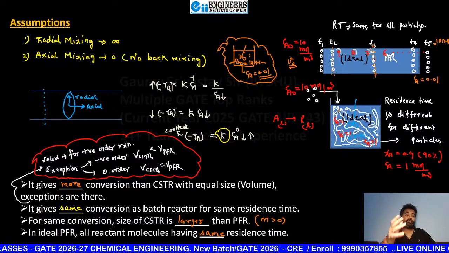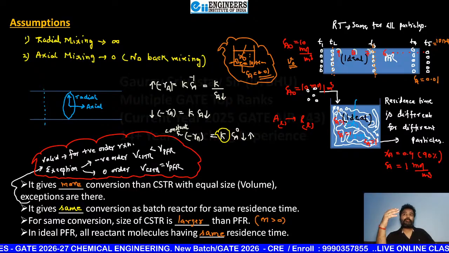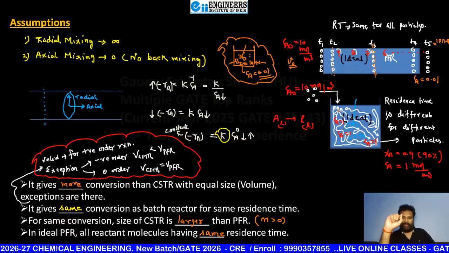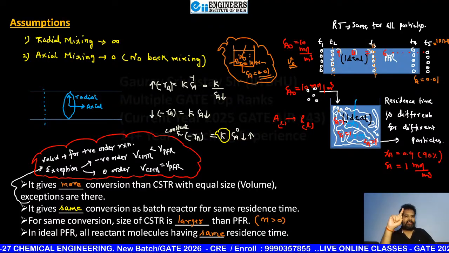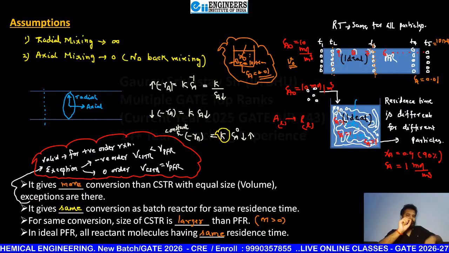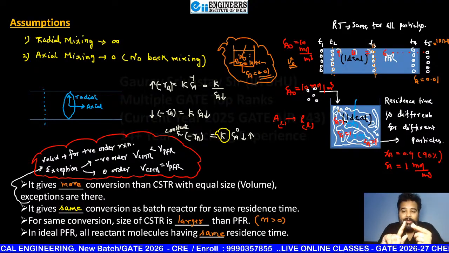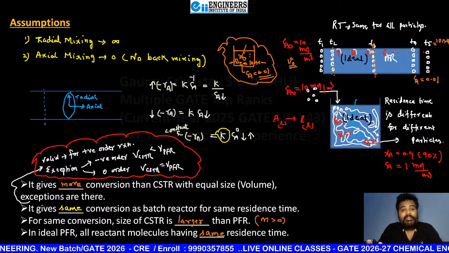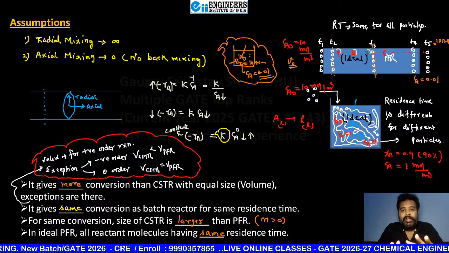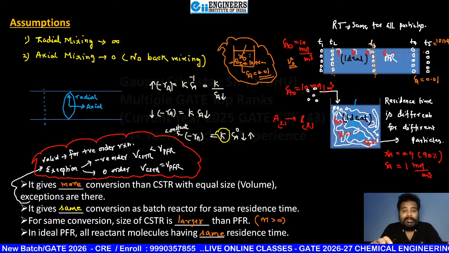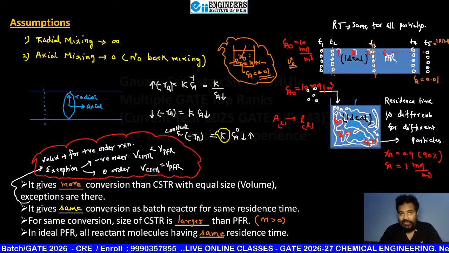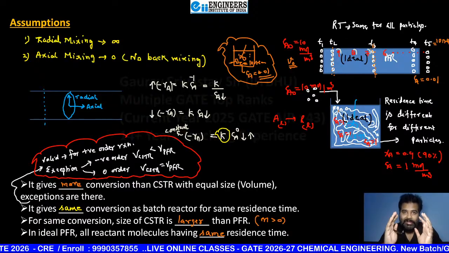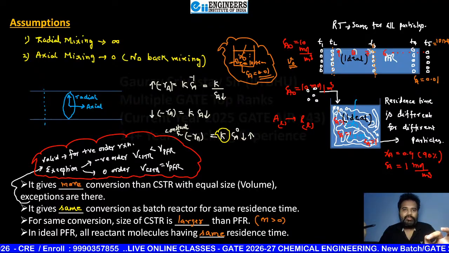And if you want to feel it again in a simple line, then I am repeating. In CSTR you had seen uniform low concentration inside the reactor. That is, perfect mixing is there inside your reactor, and it ensures that it operates at exit concentration. So the concentration available inside the reactor will remain the same at the exit of the reactor.